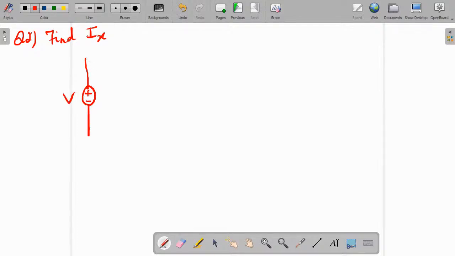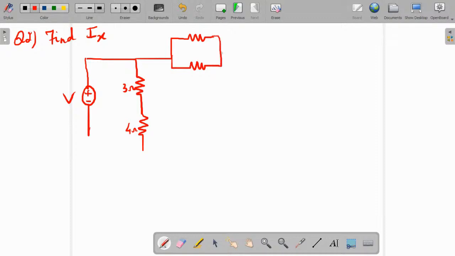A resistor of 3 ohm, a resistor of 4 ohm. Okay, note down the circuit correctly and the values.